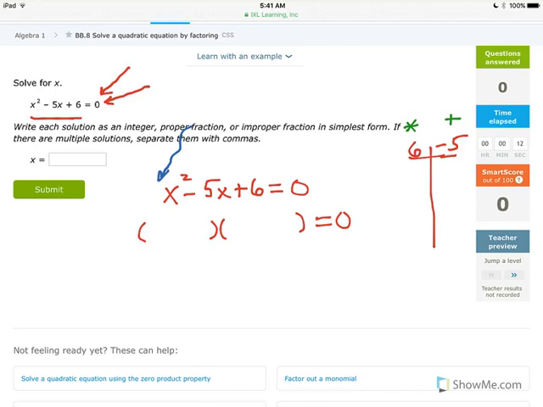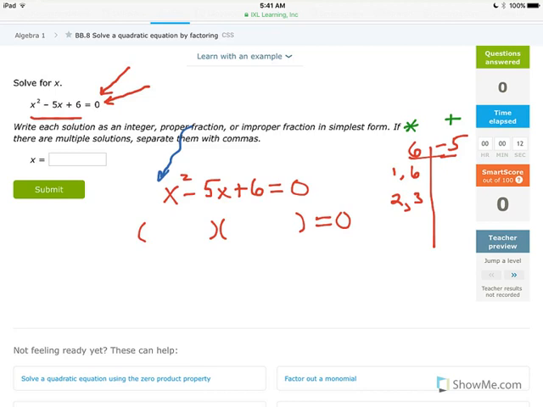What are our options for things that multiply to be 6? You could have 1 and 6, or you could have 2 and 3. Which combination is going to get us the positive 6 but the negative 5?